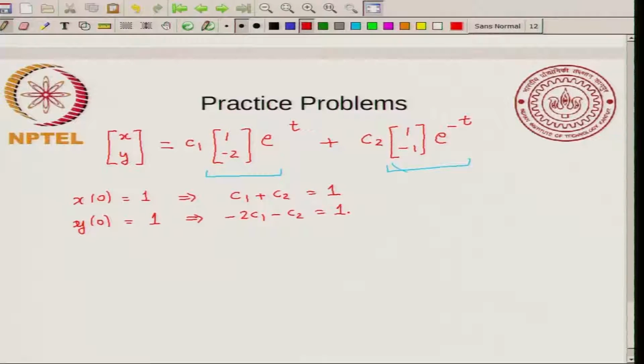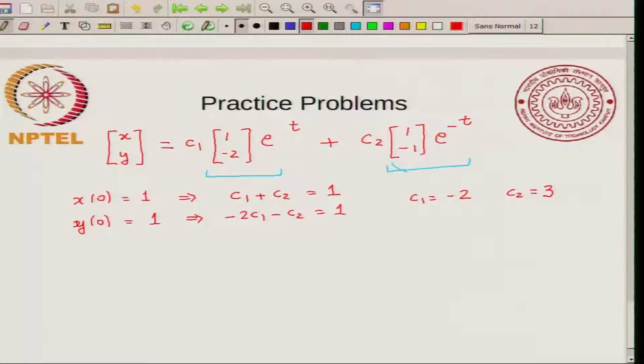And if you add these two, you will get C1 equal to minus 2 and C2 equal to 3. Okay, so if I just add these two, I will get minus C1 plus 0 equal to 2. So C1 equal to minus 2, and then if I put C1 equal to minus 2, then C2 has to be equal to 3, and you can verify.